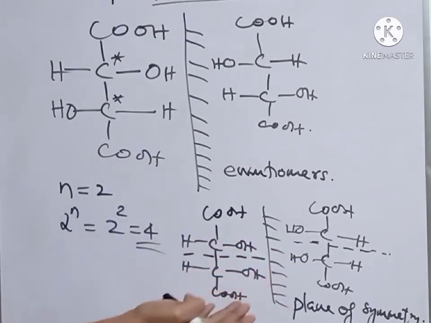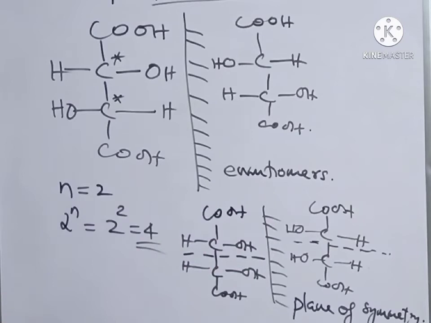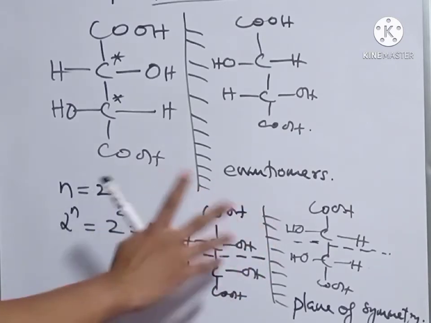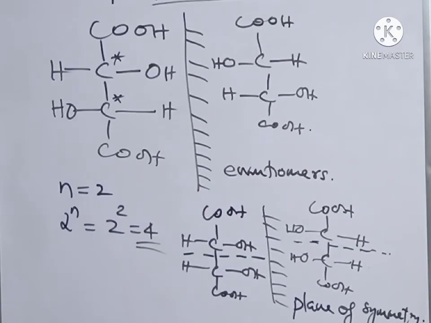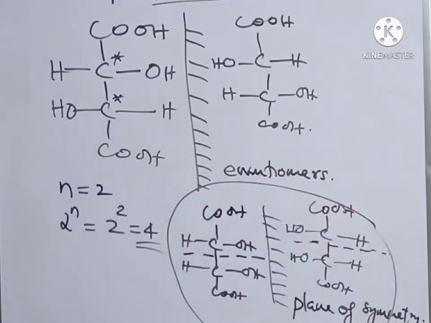These two structures are expressed in two different ways, but actually these two are the same. That is, these two are identical structures represented in two different ways. So this is actually a single structure.